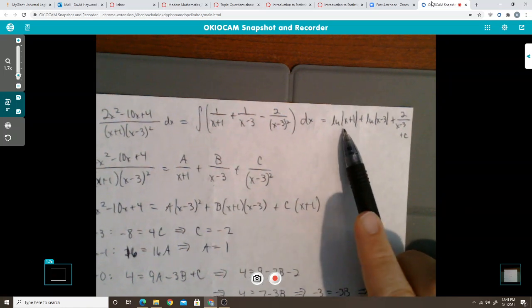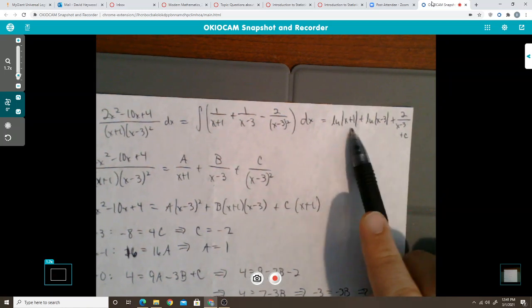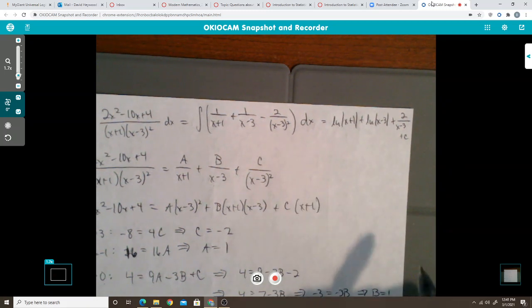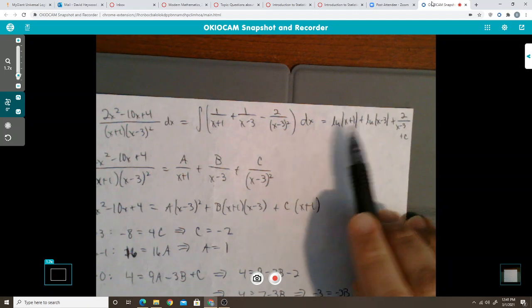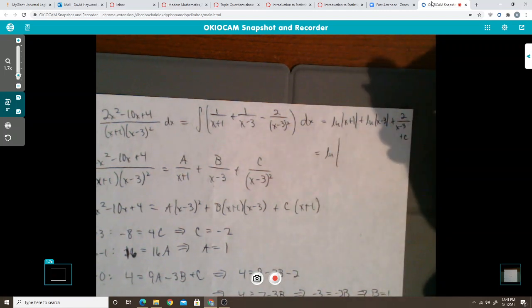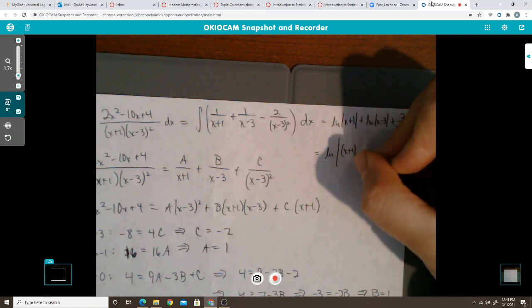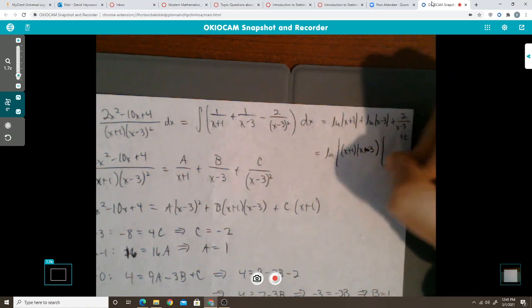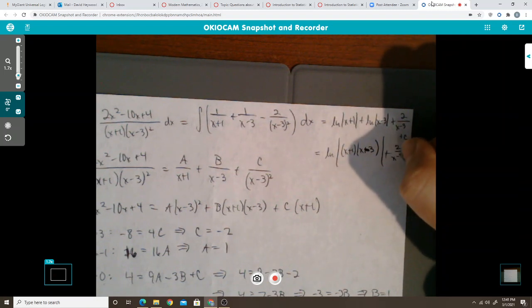But what I wanted to point out is that whenever you have a bunch of natural logs, your book likes to throw these all together using properties of logarithms like the product rule, quotient rule, all that stuff. So in this case, since you're adding two logarithms, that's the same thing as throwing them together, x plus 1 times x minus 3 under the same logarithm like that.